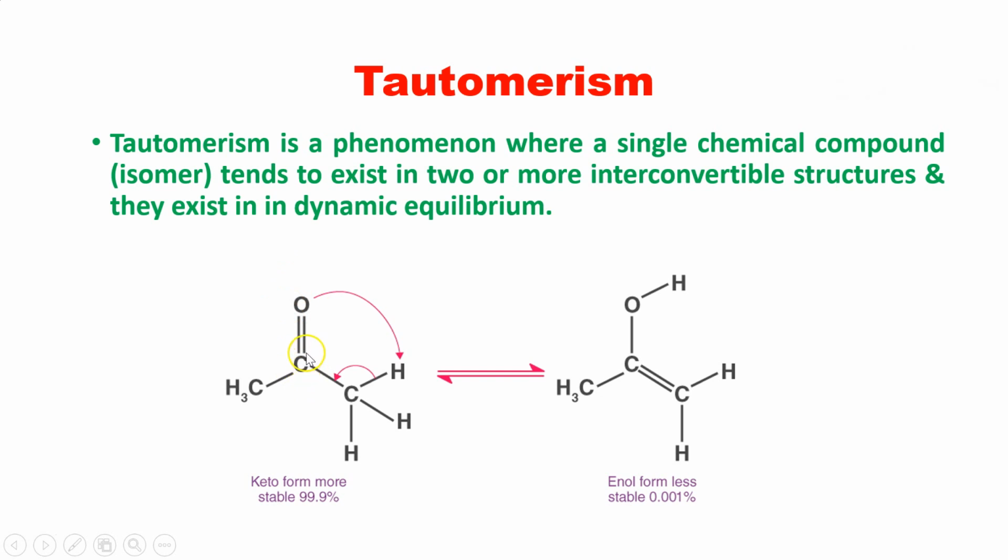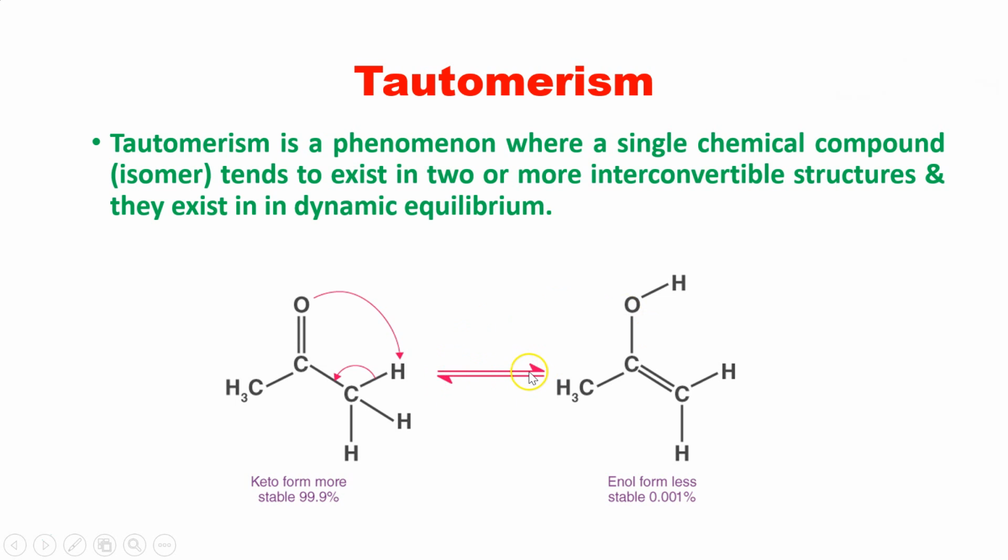But after interchanging, it forms an enol form. Enol means alcohol. The carbon is having an alcoholic group, that is why an enol. But the more stable form is the keto form, which exists at 99.9% at room temperature, and the enol form is very less. And these are interconvertible.